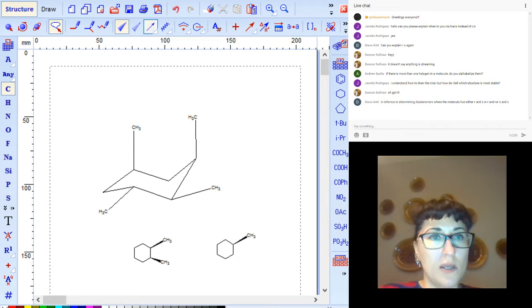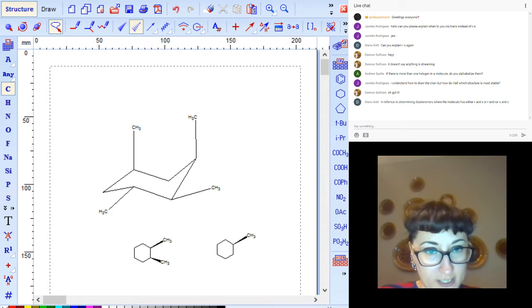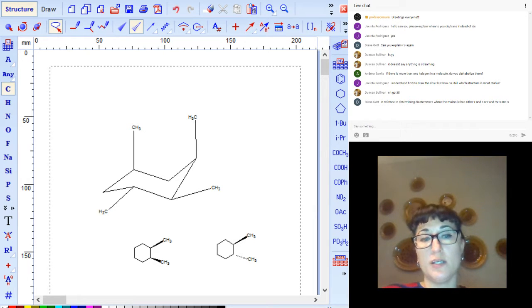Okay, and then I have another 1,2-dimethyl cyclohexane, and one of them is pointing in up and down directions. So this would be cis to each other, and the other would be trans, right? Cis being the one on the left and trans being on the right. And so that's cis-trans isomerism.